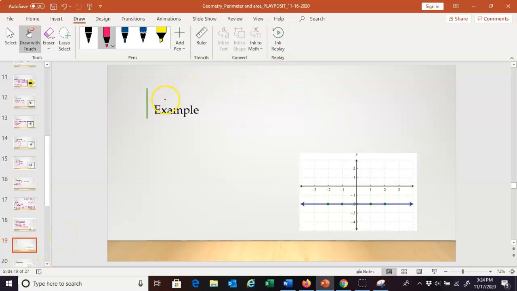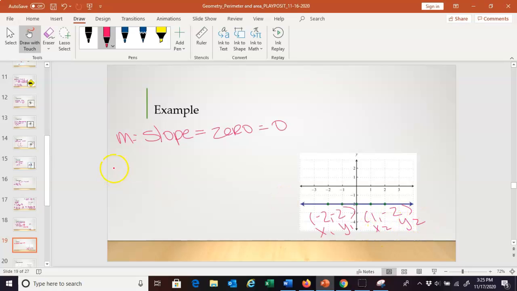Same with this one. We have our horizontal line here, so we know horizontal lines have a slope of 0, or m equals 0. But we can also find it. Let's take any 2 points on this line: negative 2, 2, negative 2, negative 2, and how about 1, negative 2? We'll just try these 2 points. So we'll have negative 2 minus negative 2 and 1 minus negative 2.